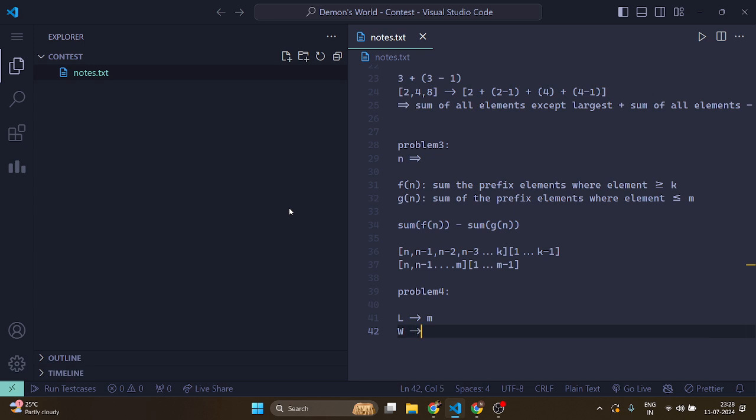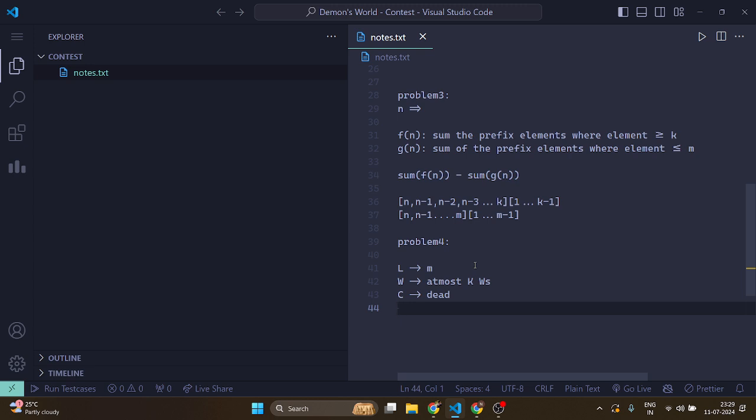If you are in water, you can move ahead, but you can only be in at most k waters. If you're at a crocodile, you are dead and cannot go any further. So you have to check whether you can reach the end position without going more than k waters, and you can also directly jump, skipping the sea. So these were three possible operations.